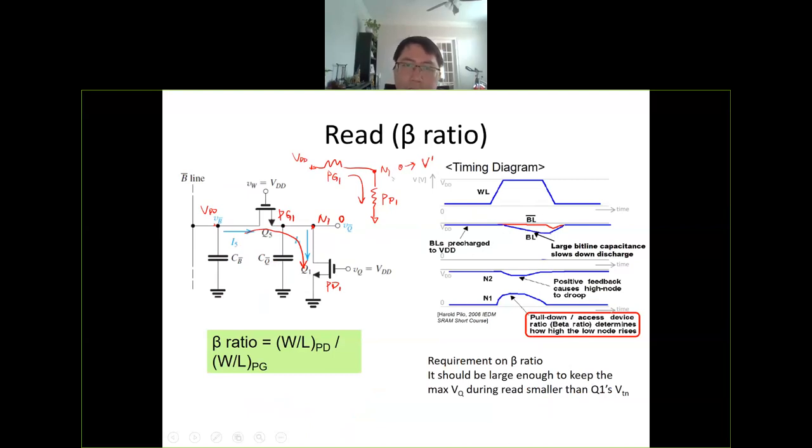Okay, so we want this N1 to be as close to 0 as possible during this operation. So this is a voltage divider. How do you ensure that? This is a voltage divider. That means the resistance of PD1 should be small, let's say smaller than the resistance of PG1.